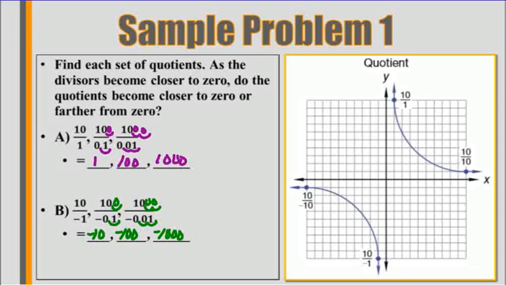So to sum everything up, the closer your divisor gets to 0, the further and further away from 0 the quotient gets. On the negative side, the quotient goes further and further to the left. When you are on the positive side, the quotient goes further and further to the right.